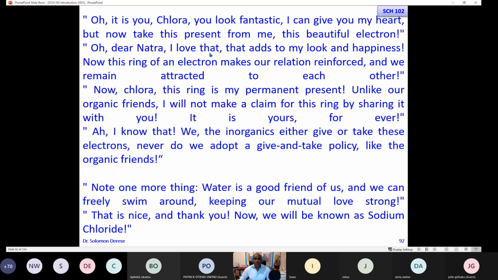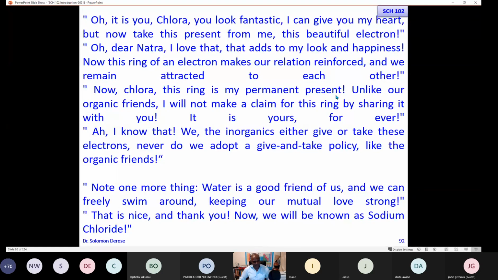That adds to my look and happiness. Now, this ring of an electron makes our relationship reinforced, and we remain attracted to each other. Now, Chlora, this ring is my permanent present.